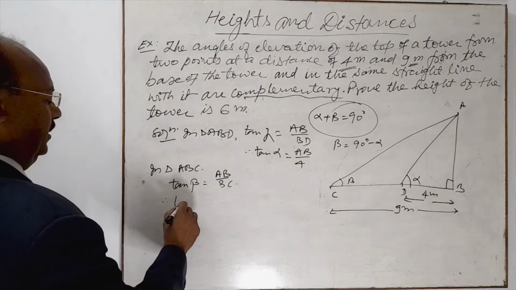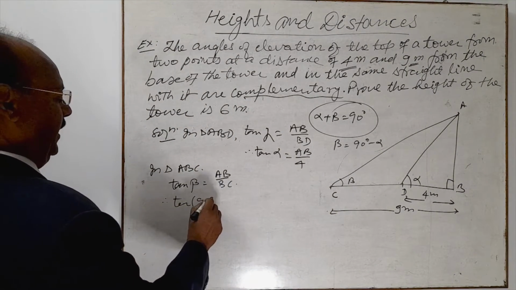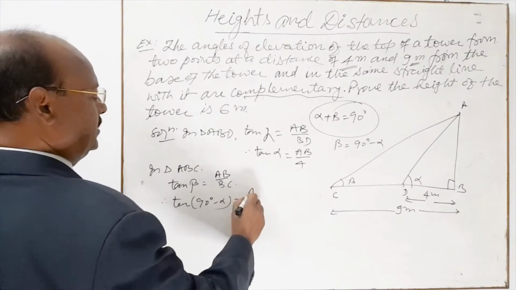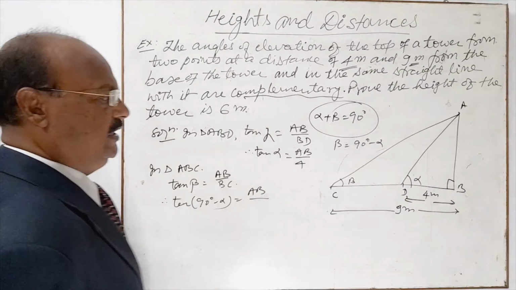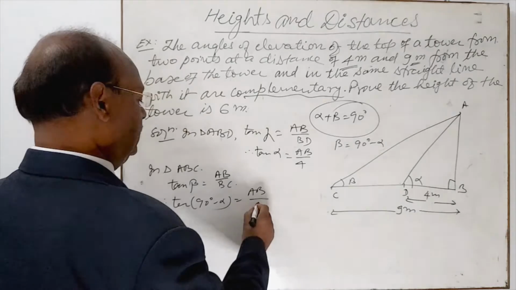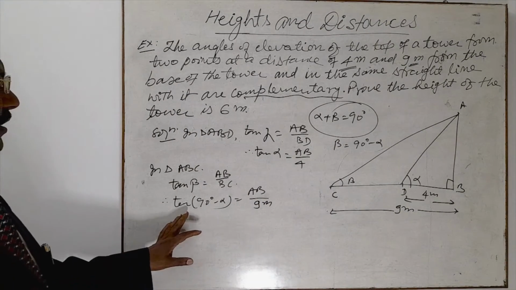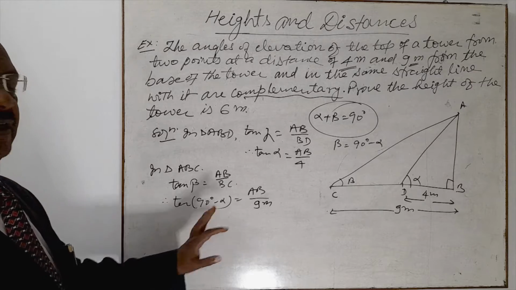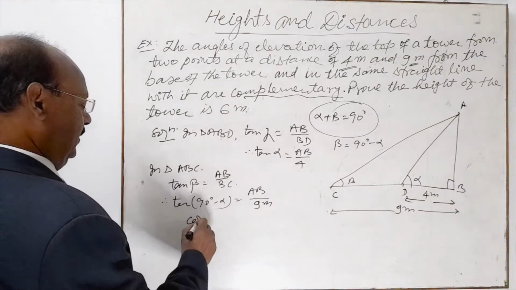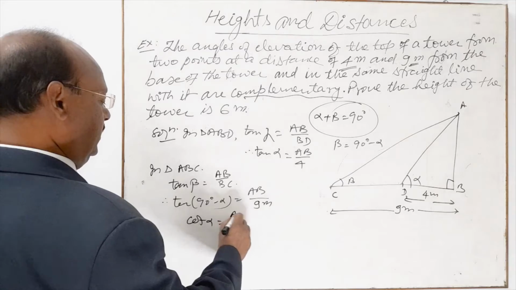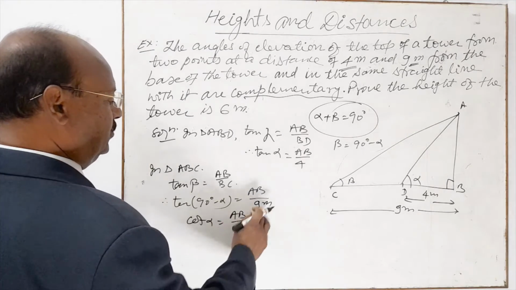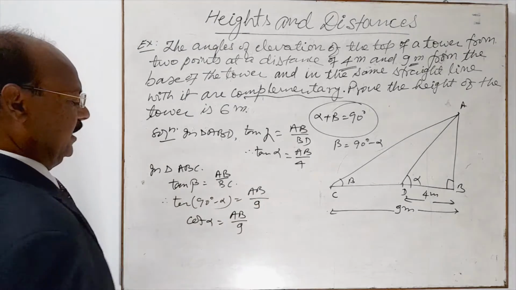And therefore here, tan of 90 degree minus alpha is equal to AB and BC is how much? BC is 9 meter. But we know a trigonometrical formula that tan of 90 minus alpha is cot alpha. Cot alpha is AB upon 9. Should not write meter here, simply write 9.